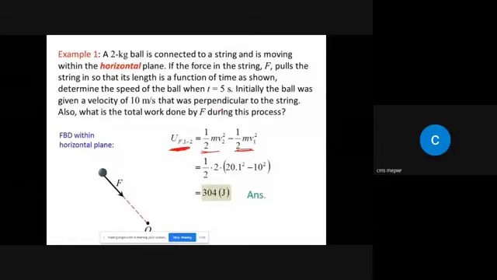Here m is given, v2 is given, v1 is given. By putting in the values, we can find the work done by F during this process. So these were the two things required in the problem: the speed of the ball, and the total work done by the force.